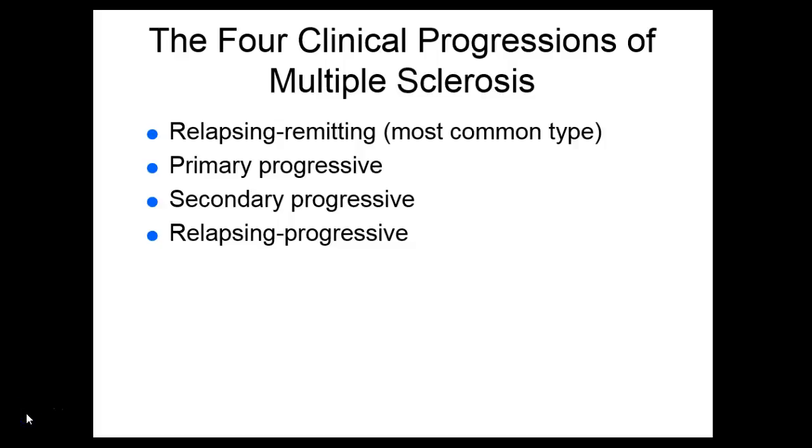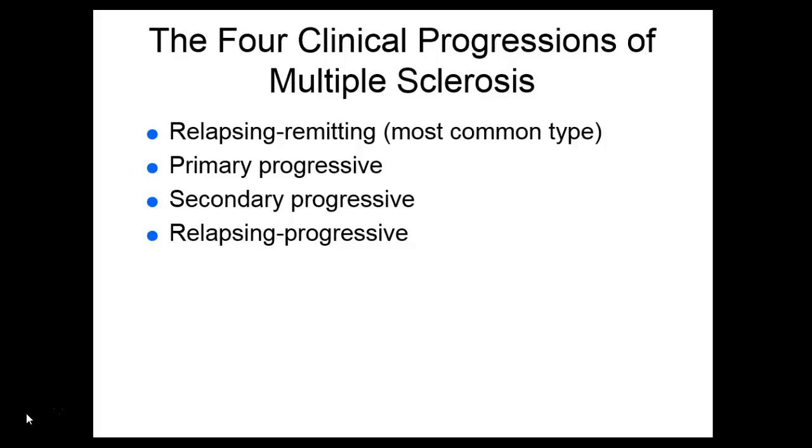Okay, another type is the primary progressive, where there's slow but almost continuous worsening with occasional plateaus and temporary minor improvements. The secondary progressive is an initial period of relapsing remitting disease, followed by a steadily worsening course.